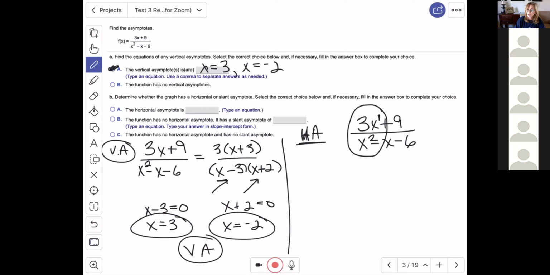If it's larger in the denominator, it's equal to 0. Y equals 0. That's because it was larger in the denominator. So it's always y equals 0. That's your horizontal asymptote. So it looks like that.